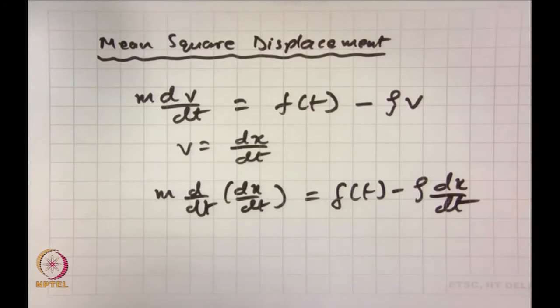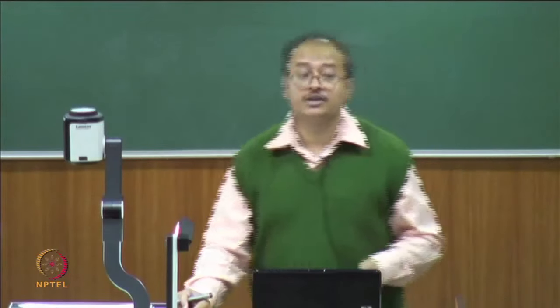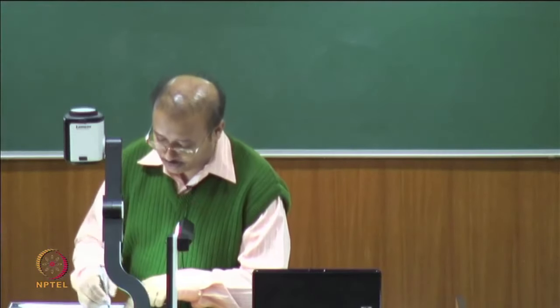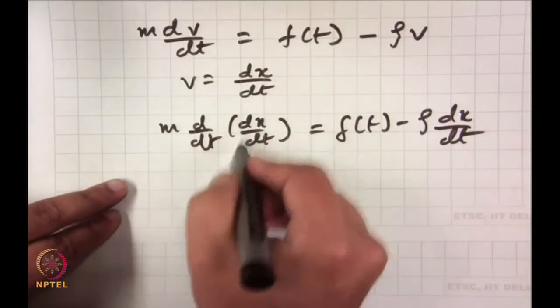Okay, I just put in the expression for velocity in terms of the displacement, and why do I need the displacement? Because I am not looking for the velocity in this case. In the previous case I was looking for the velocity correlation, but here I am looking for the displacement. So, I have to put in x in some way or the other. So, this would be d2x over dt squared.